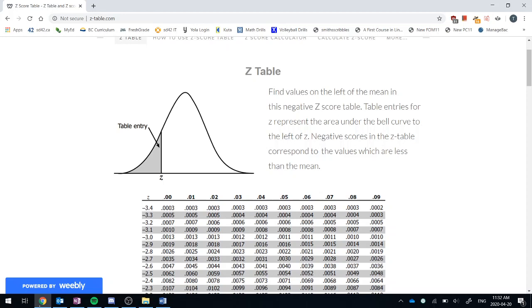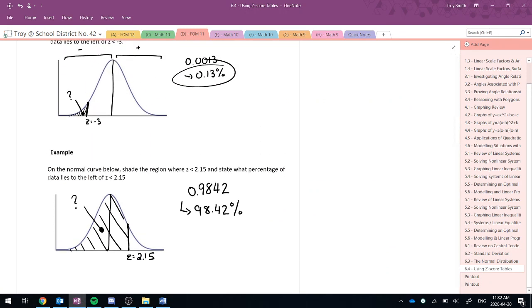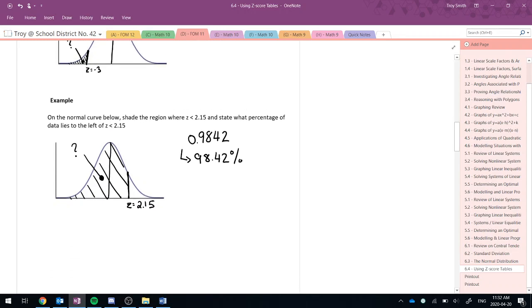Always to the left. Okay. So we did a few basic examples with that idea last week. This week we're going to take a look at a few of the trickier questions I could ask you to do.